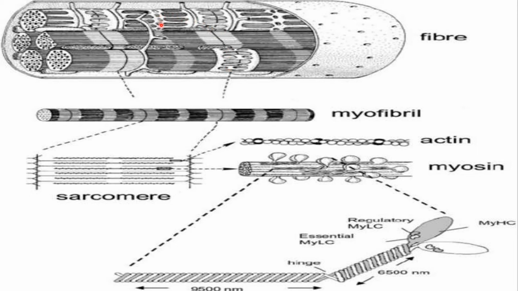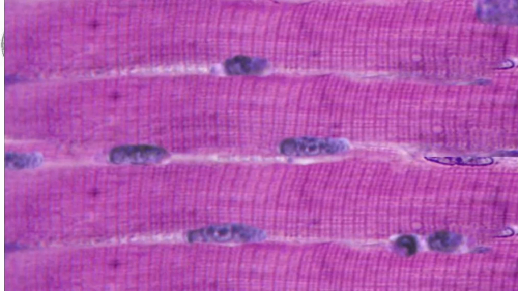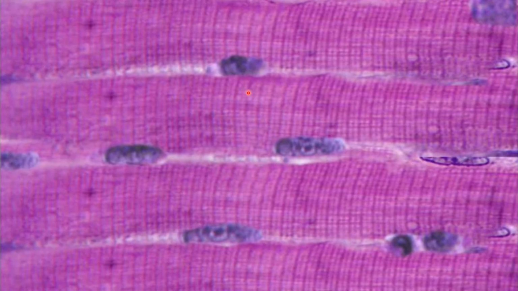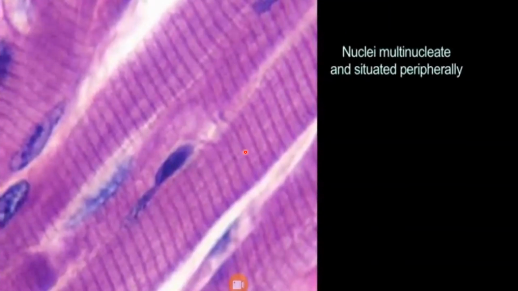And the A band has a lighter zone which is called H zone, and in the center of the H zone we have the darker line which is called the M line. So again, this is the darker band called A band, and this is the lighter band. In the lighter band we see a line which is called the Z line. Again, in this picture you can see the striation, lighter and darker bands, and the multiple peripheral nuclei.